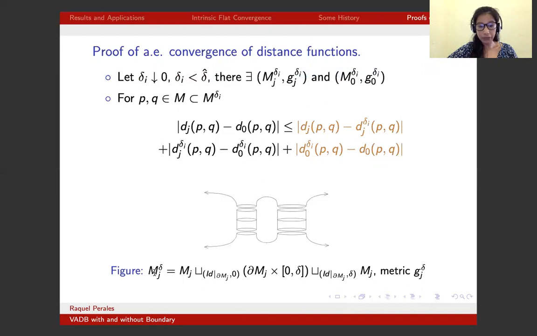Here in this figure, Mj delta is this cylinder, the boundary of Mj times the interval 0 to delta. Then we glue a copy of Mj at the bottom and a copy of Mj at the top. And we need to define a Riemannian metric.